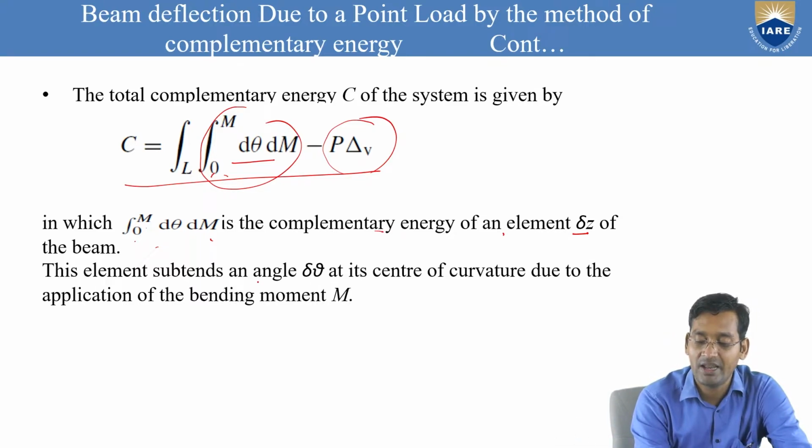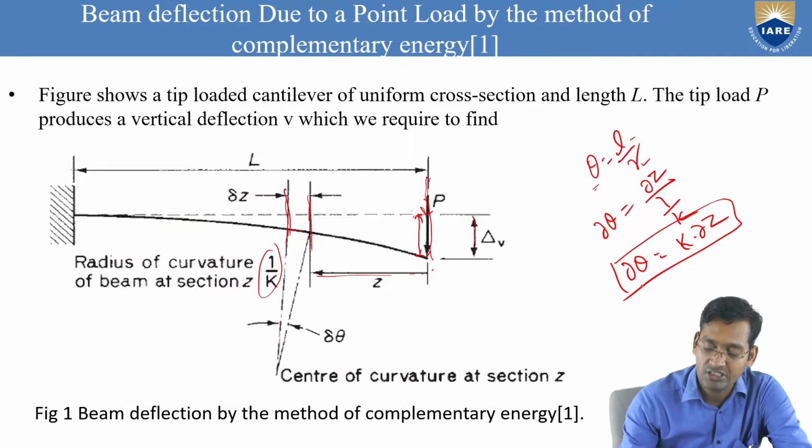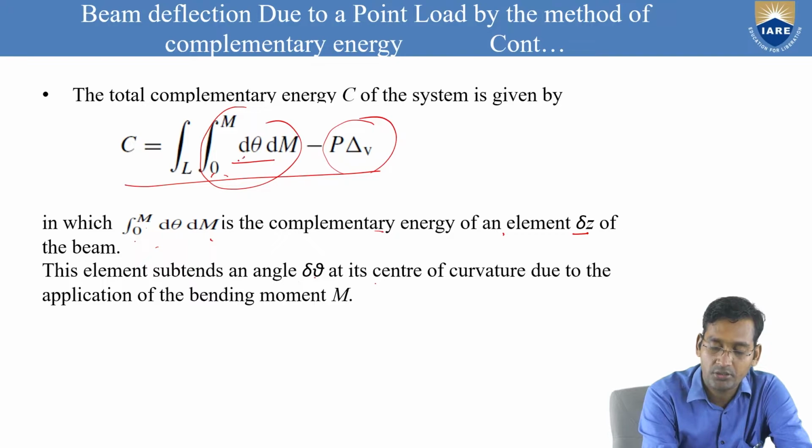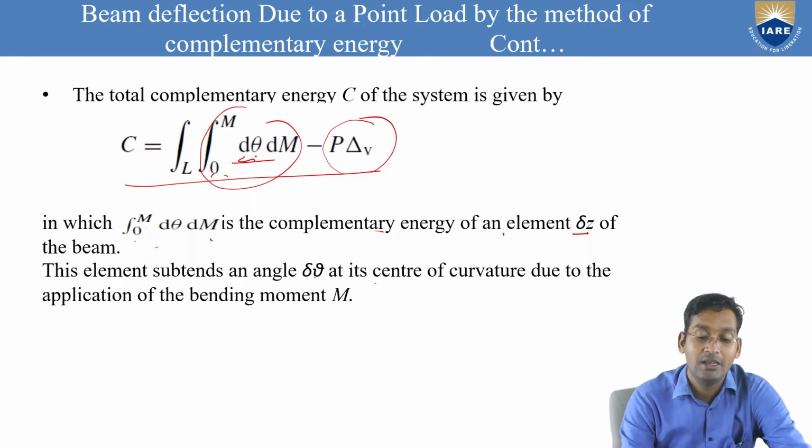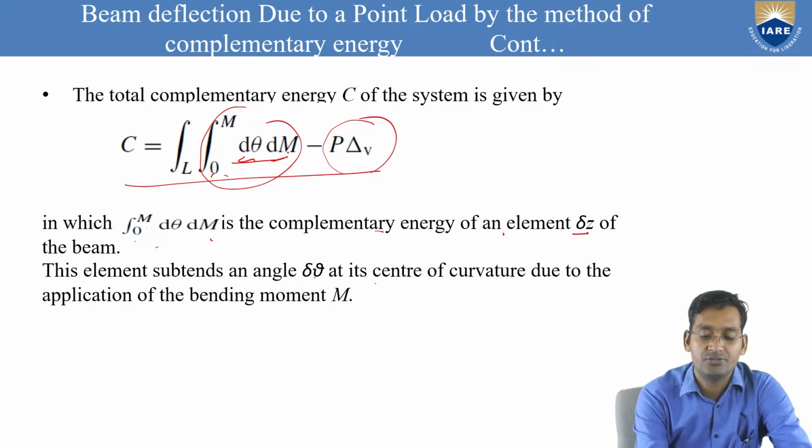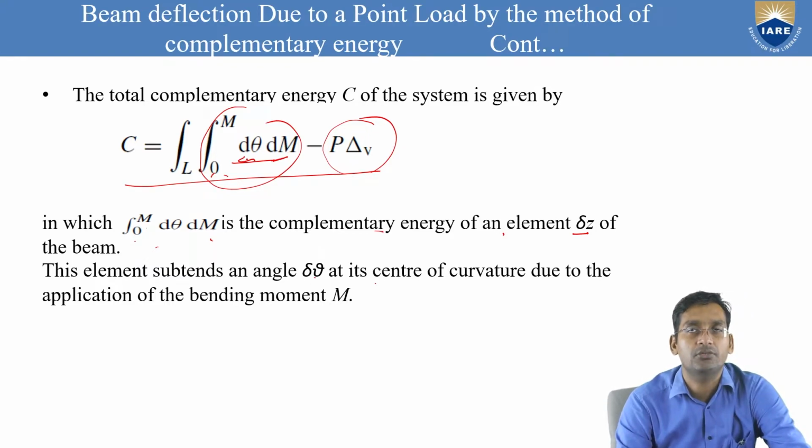This element subtends an angle dou theta at its center of curvature due to the application of the bending moment, and from here we can find the dou theta. So we can substitute the dou theta value we got. Now the dm is required. Once we find the dm, we will substitute it here and integrate it, and we will get the answer.